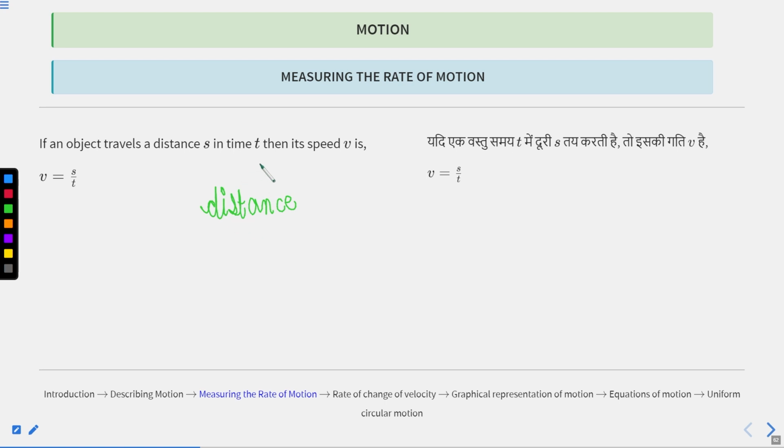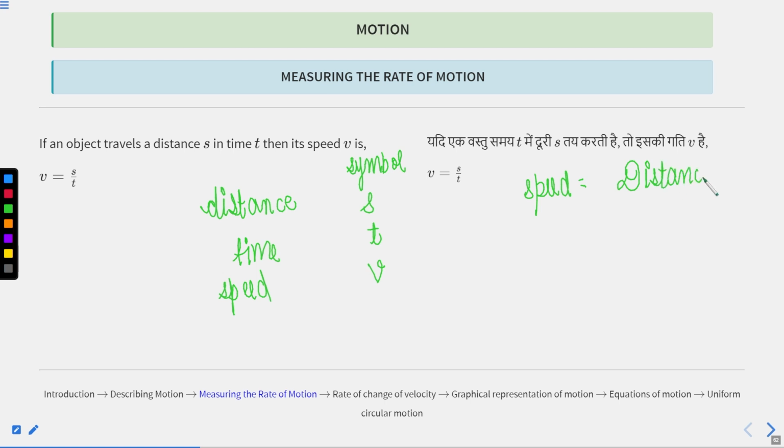The symbol for distance is S. The symbol for time is T, and the symbol of speed is V. And we know the relation that speed is equal to distance divided by time.